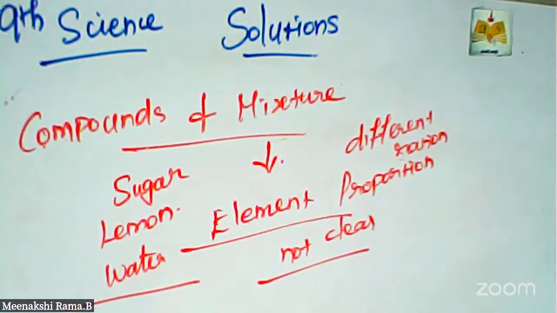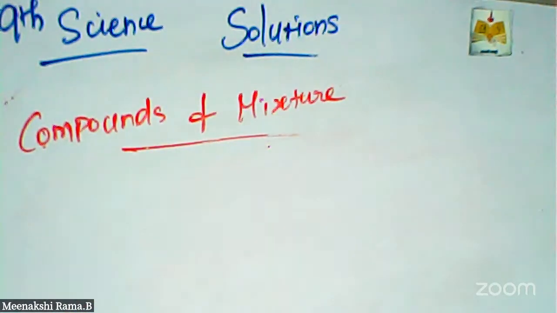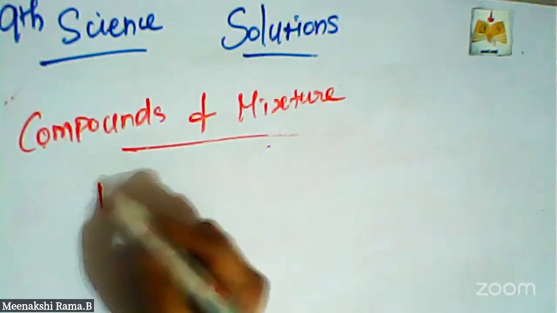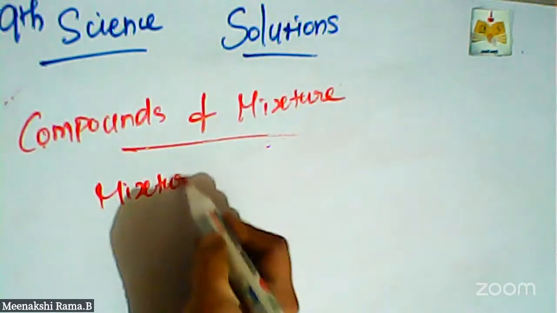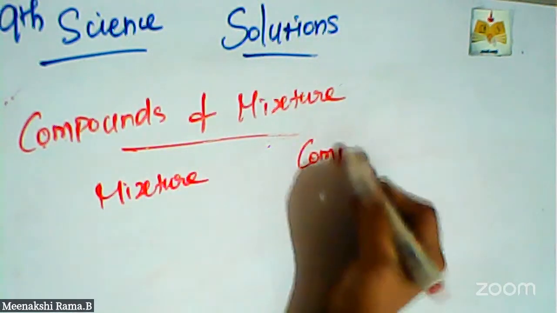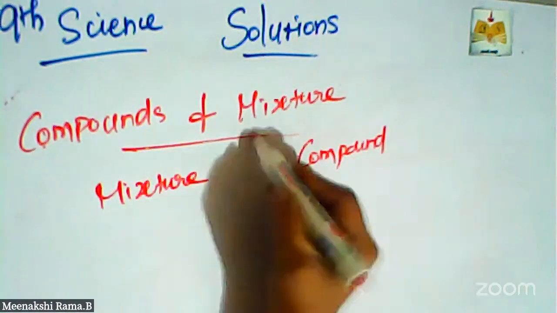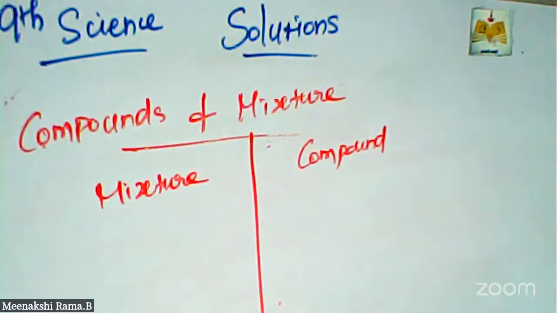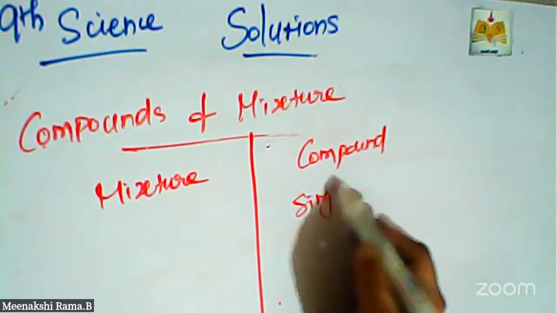What is the difference between a compound and a mixture? What are the natures? First one is mixture, another one is compound. It contains two or more elements. A compound is a single substance only.